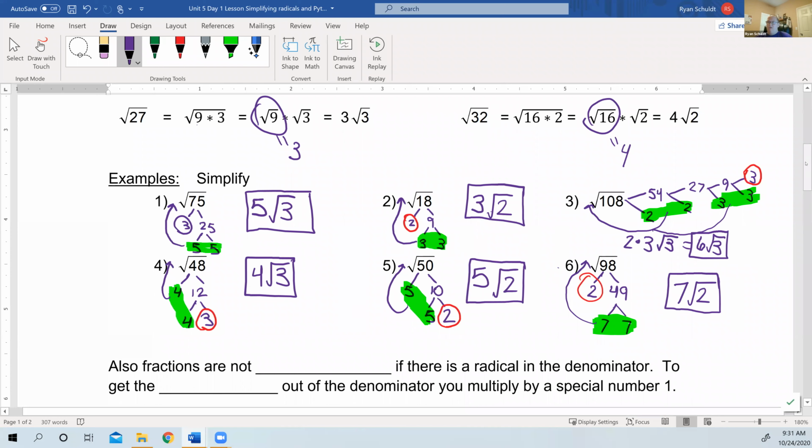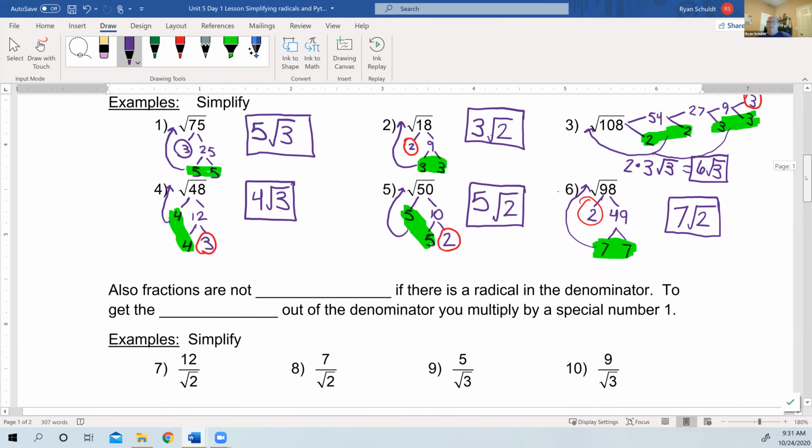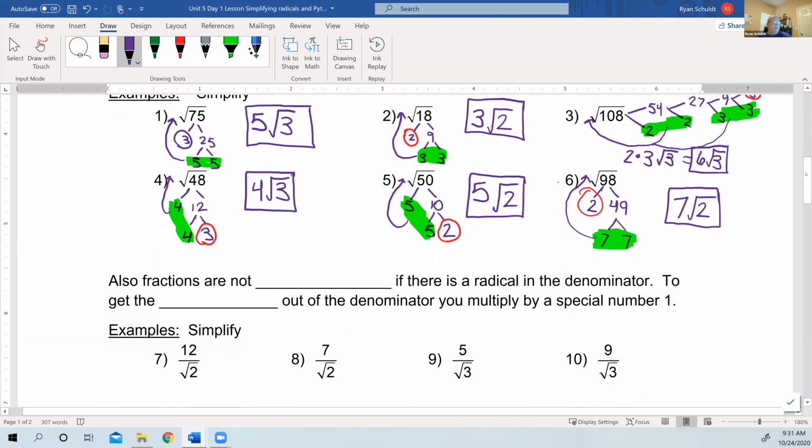Okay, so there's how you simplify radicals. But now what happens if we have a radical on the bottom? Fractions are not proper if there's a radical in the denominator.